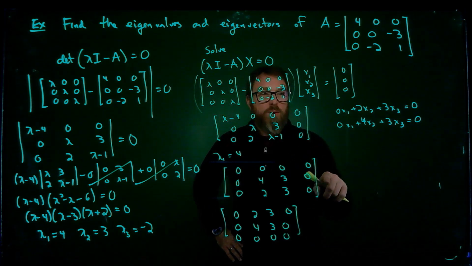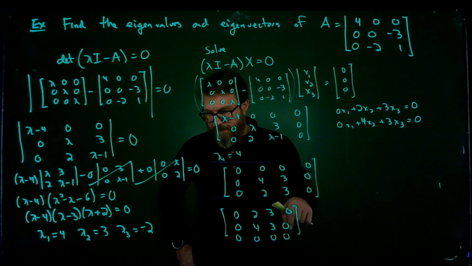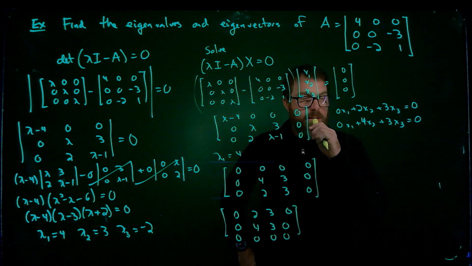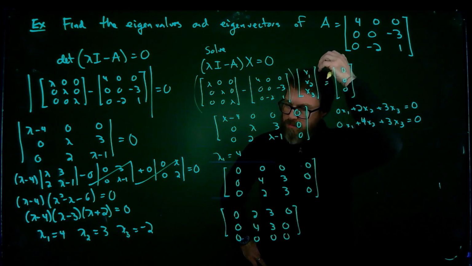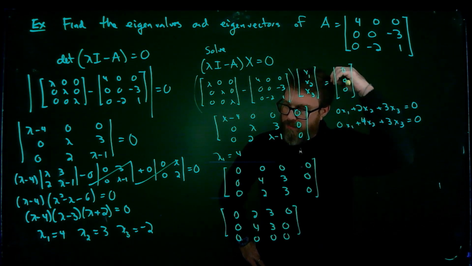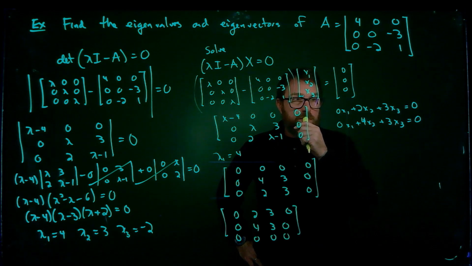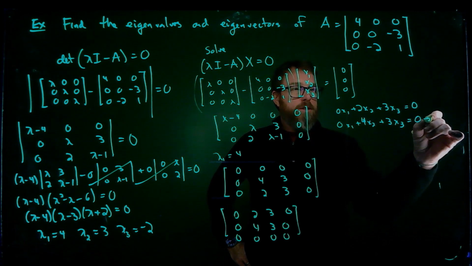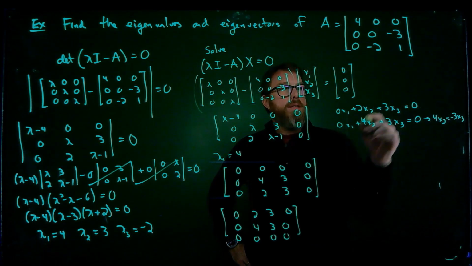So I can write this as 4x2 is equal to minus 3x3, and then plug that in here.